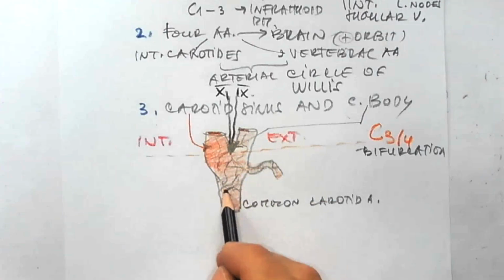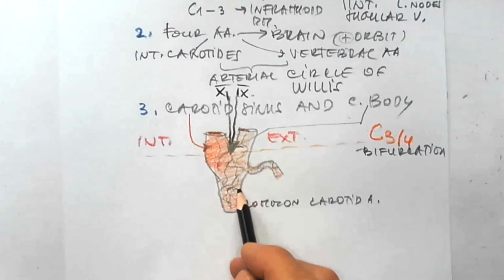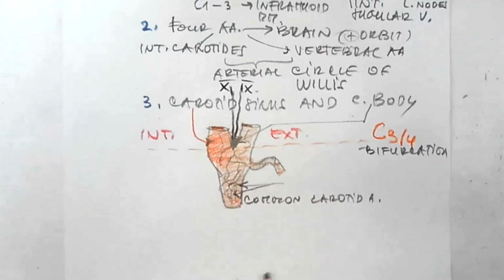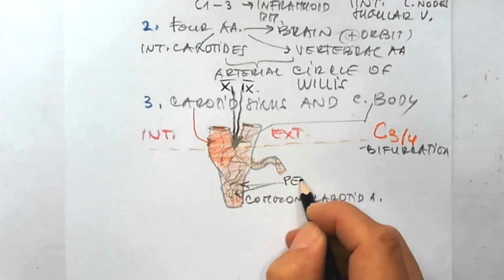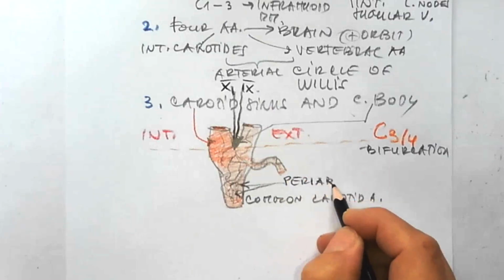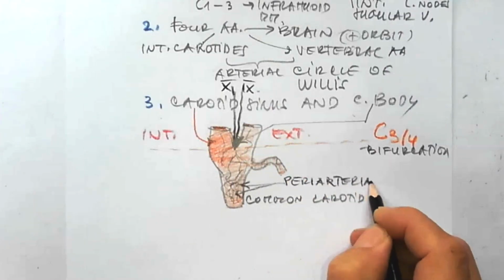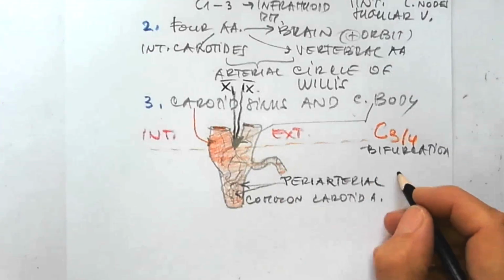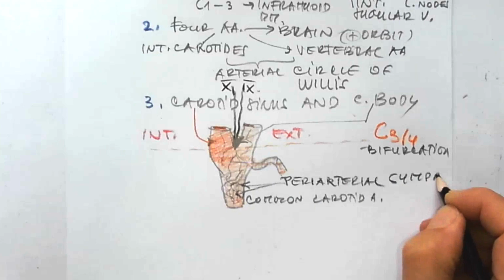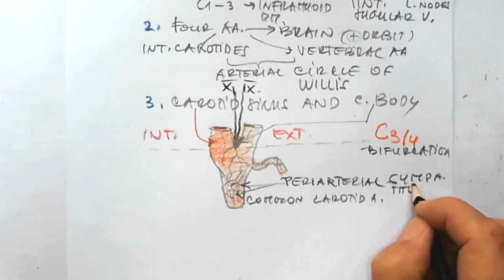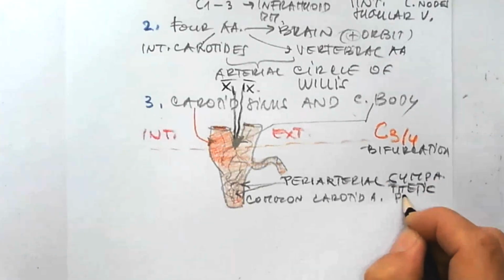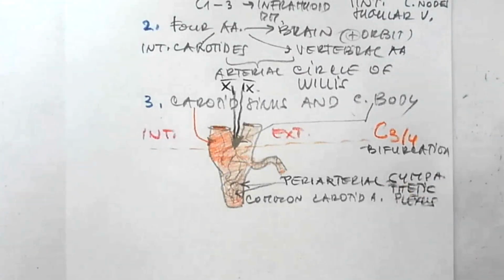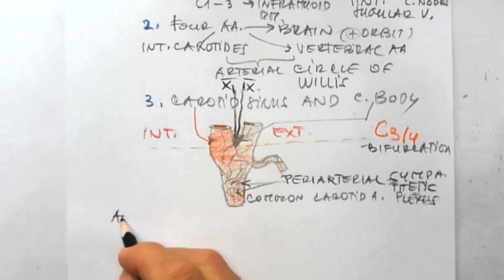So we could add here, maybe on this side, that thin lines indicate the periarterial sympathetic plexus. Sympathetic plexus. Good.